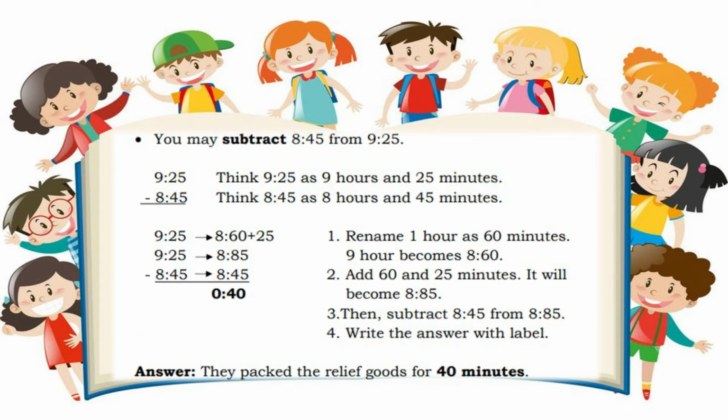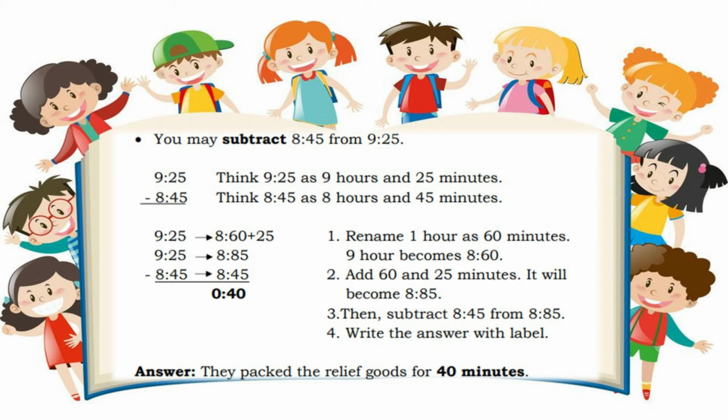You may subtract 8:45 from 9:25. Let's start with 9:25. Think 9:25 as 9 hours and 25 minutes. And think 8:45 as 8 hours and 45 minutes. Rename 1 hour as 60 minutes. 9 hours becomes 8:60.